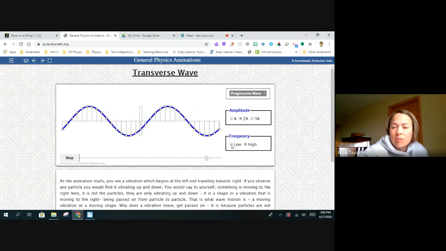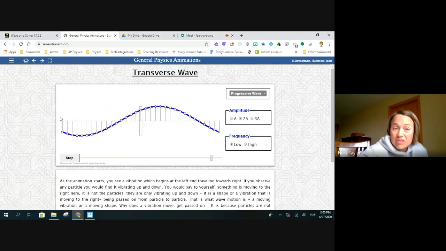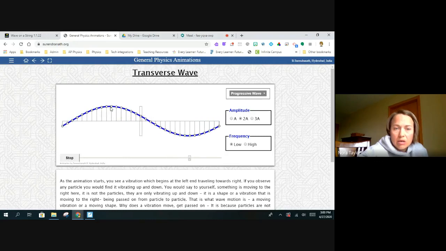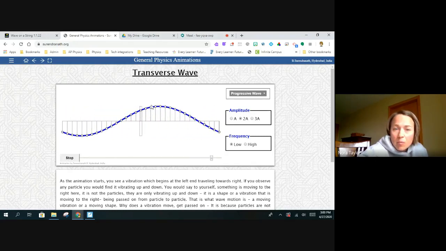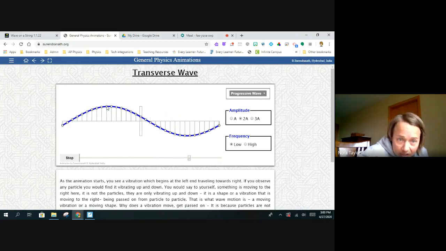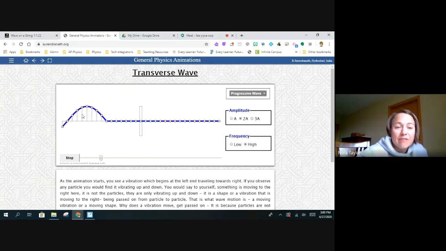So what I'm going to do is decrease my frequency again. So I'm going to go down and trace my wave again, but this time at a lower frequency. Fewer waves, but you're going to notice that my cursor is moving at the same speed as it was with the high frequency wave.